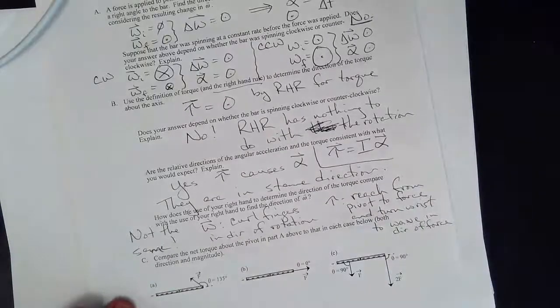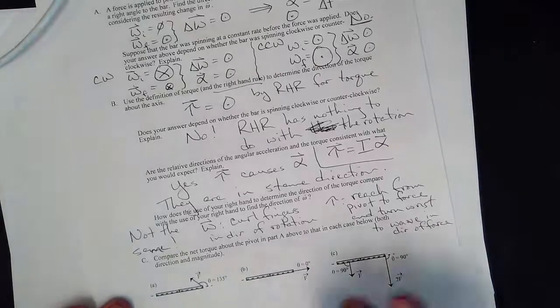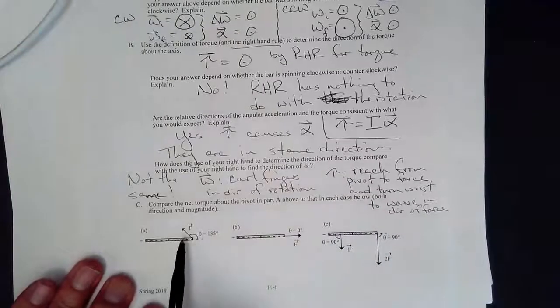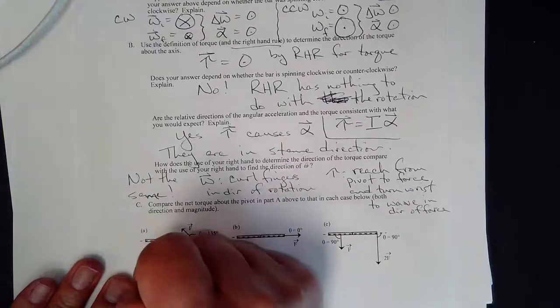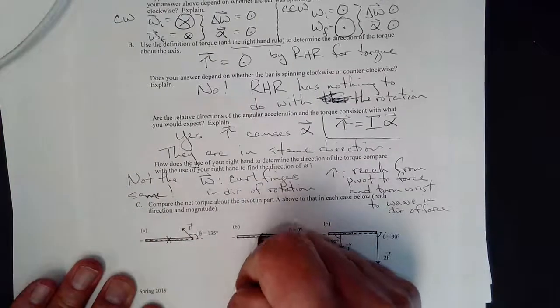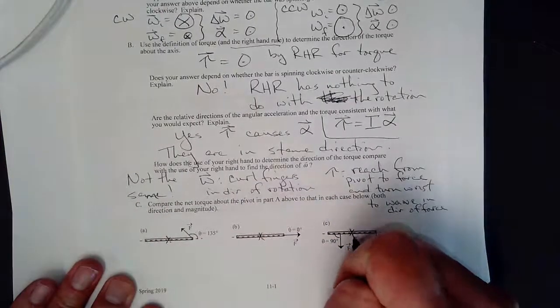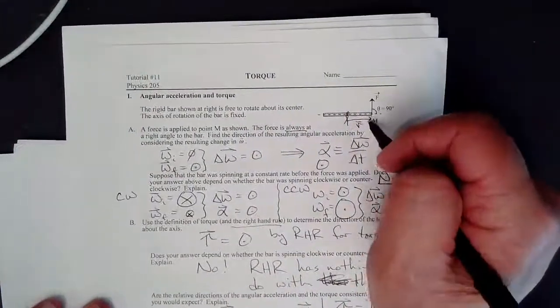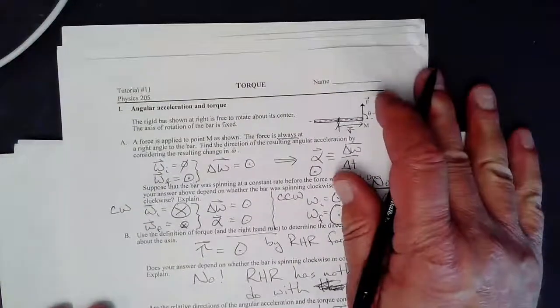Now, in part C here, we're asked to compare the torque exerted by these forces on the same bar about the same pivot, the same axis of rotation, to this torque up here. Now, let's define this torque up here.